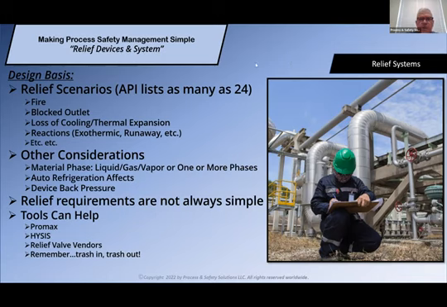Even relief devices that are designed in the ammonia refrigeration industry have the API codes and standards, and some of those calculations contained within them. So we can't be divorced or removed from API standards. In fact, most of the API standards have some really good information, no matter what industry you're in, to help you size the different scenarios that you may have in your facility.